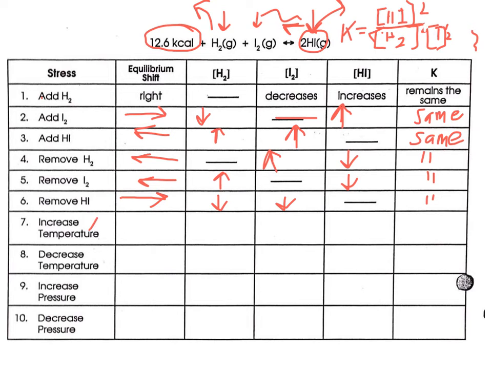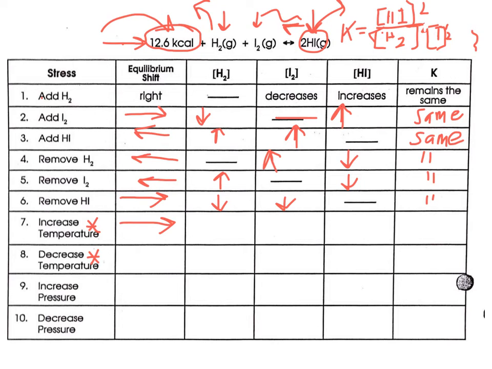And now here are the two situations where we're actually going to have to worry about the equilibrium constant changing value, because we're messing around with the temperature. If I increase the temperature, that is like adding heat. If I add heat to this reaction, the equilibrium is going to shift to the right.